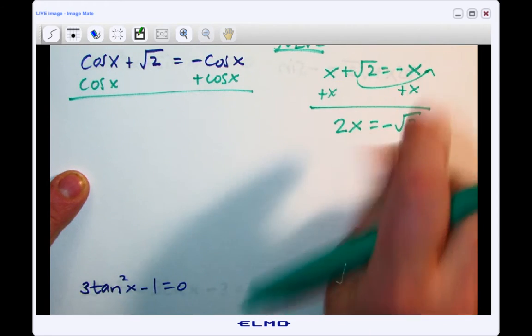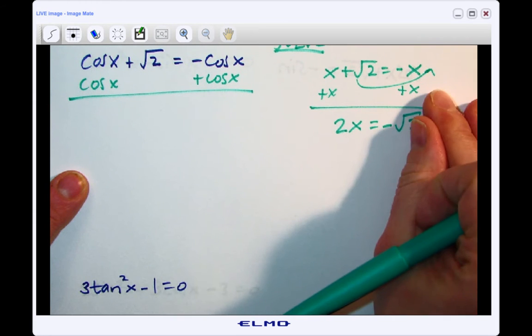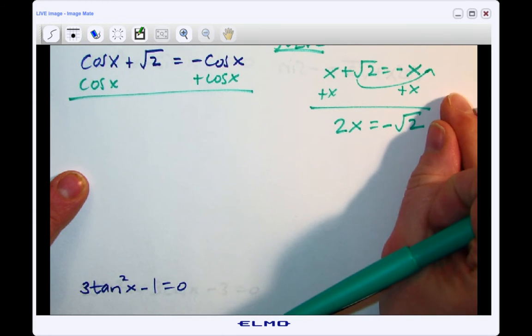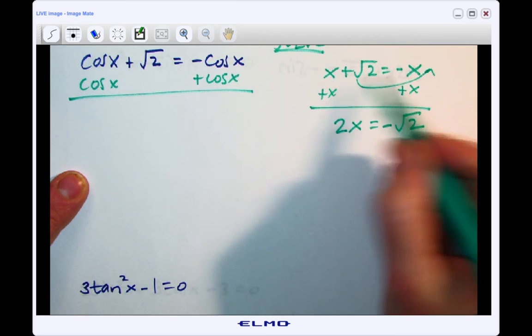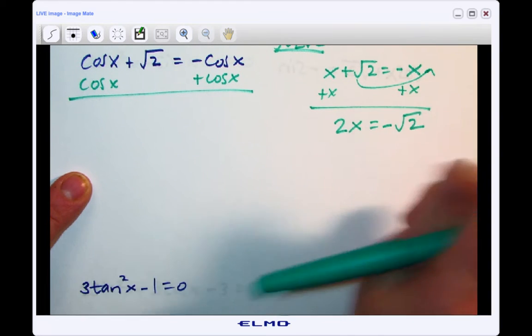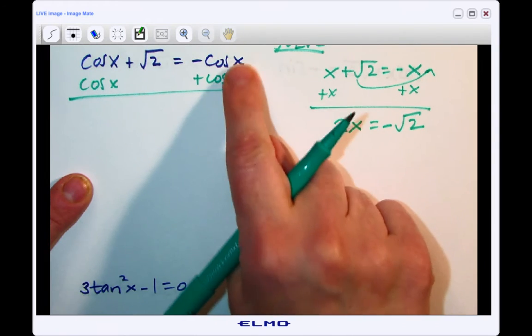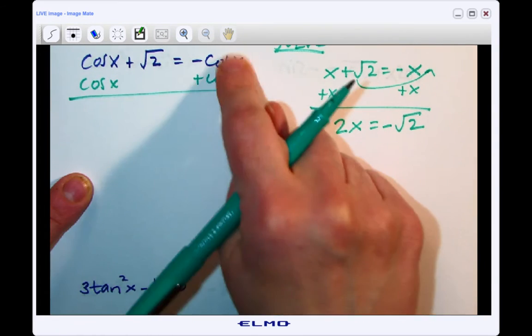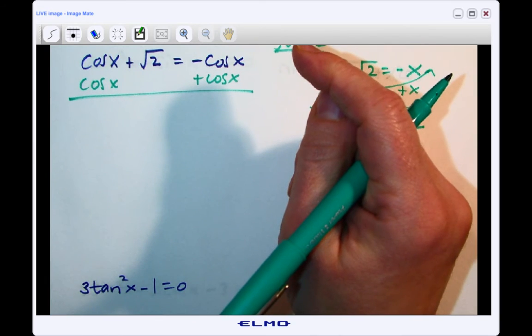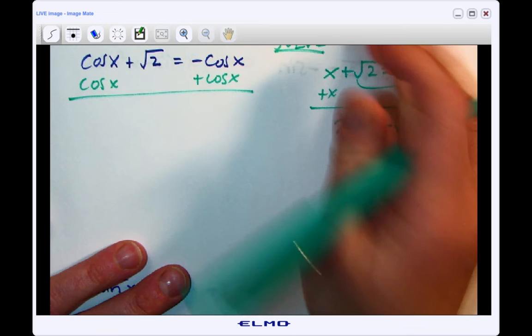And remember, if you divide out an x, just like when you square an x or multiply by x, you can get extraneous solutions. When you divide by an x, you can lose solutions. So never, never, never divide by an x or a cosine, unless it's going to cancel out, otherwise you're going to have problems. You're going to lose solutions and you might not get them back, all right?